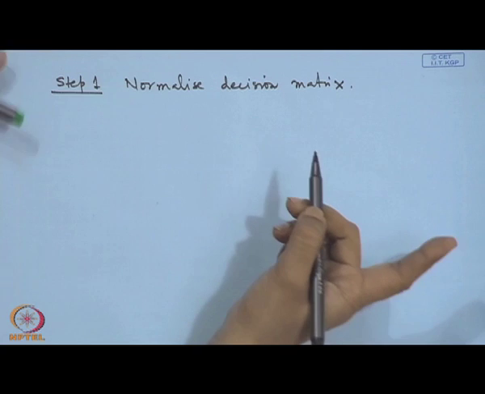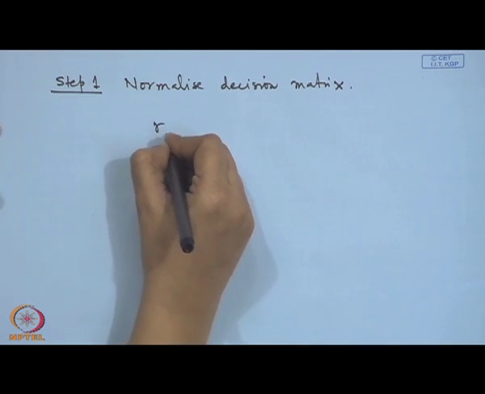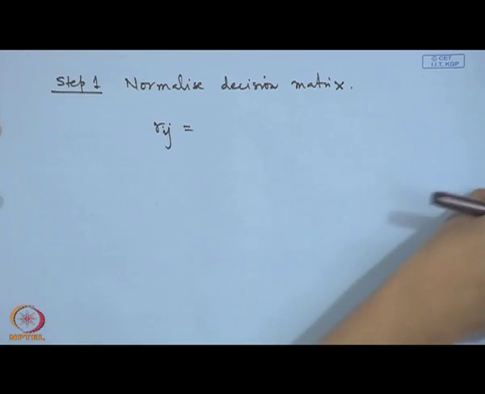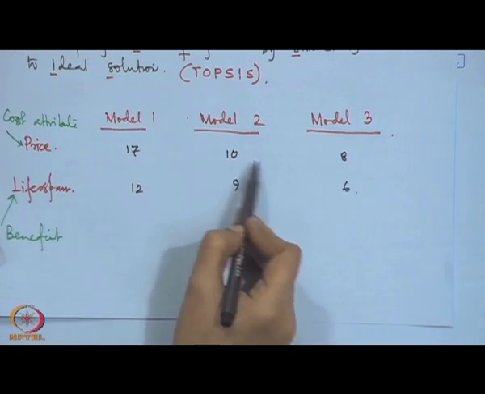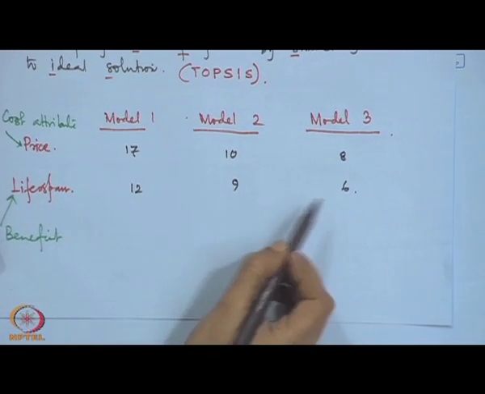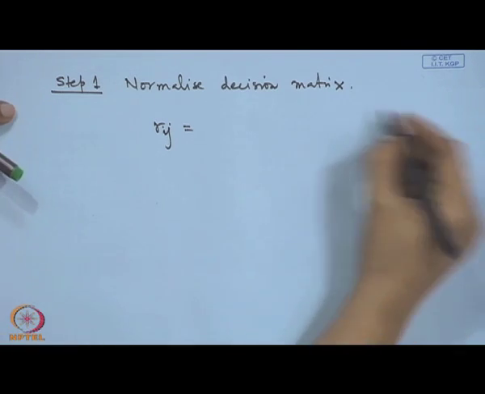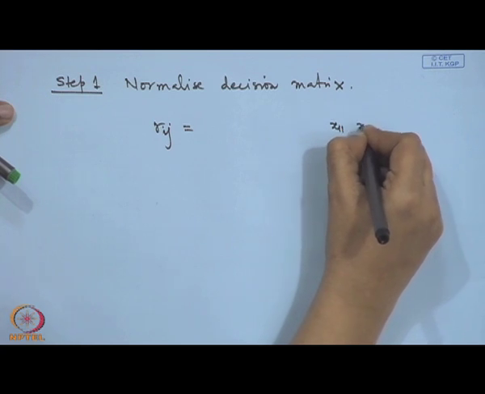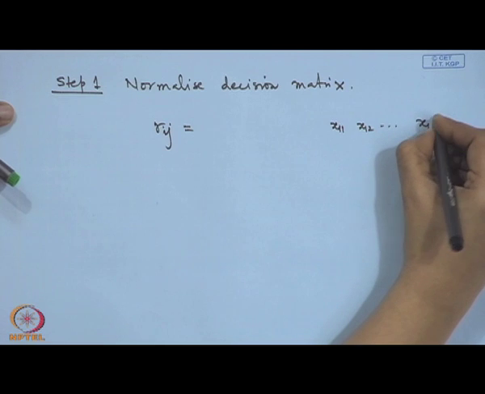Just now I have shown the decision matrix, and this normalization is being done with this process. Just to see, we are having a matrix x11, x12, x13, x22, x23 in that way. Rather, if I consider a multi-attribute process, we are having the matrix in this fashion: x11, x12, this is the decision matrix for us.